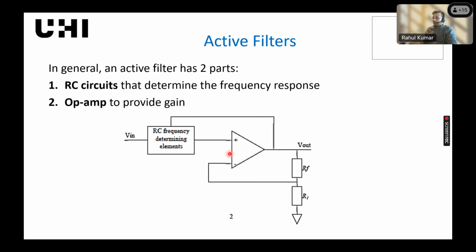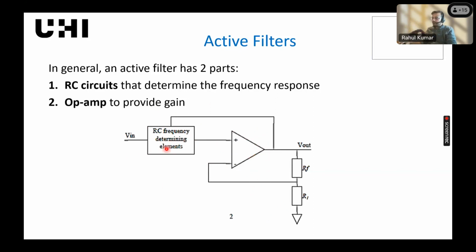If it is a low pass filter, then the values of R and C will decide what range of frequencies can pass through. So the RC circuit at the input will filter the input signal, and the op-amp will provide amplification.